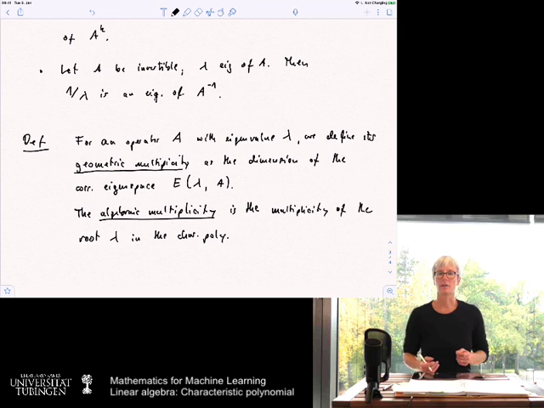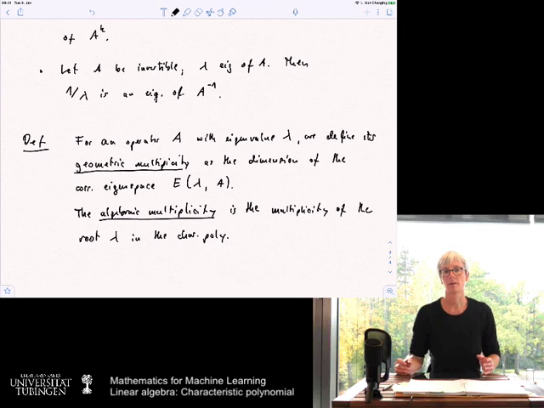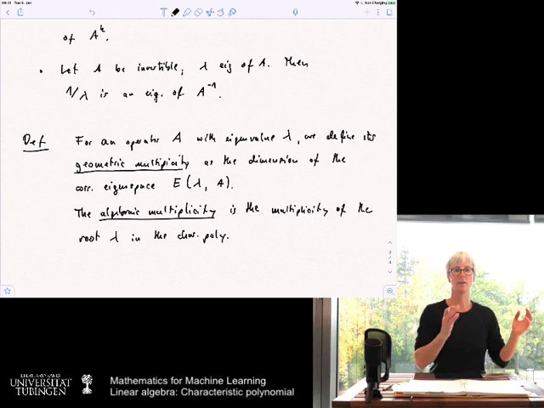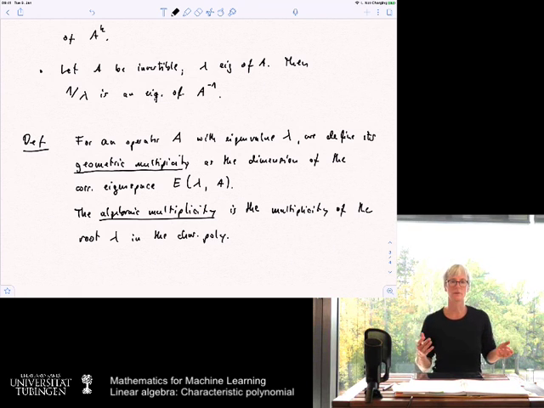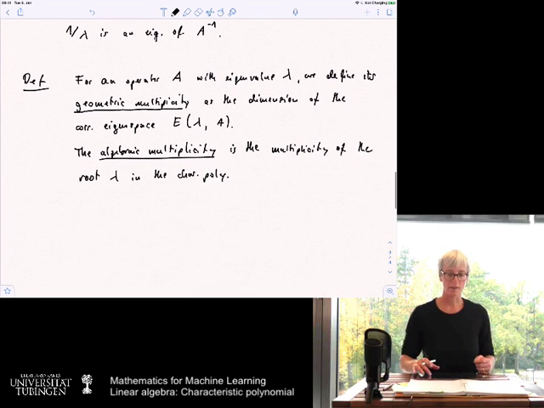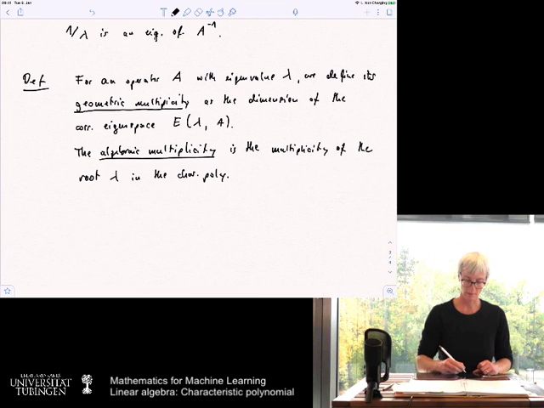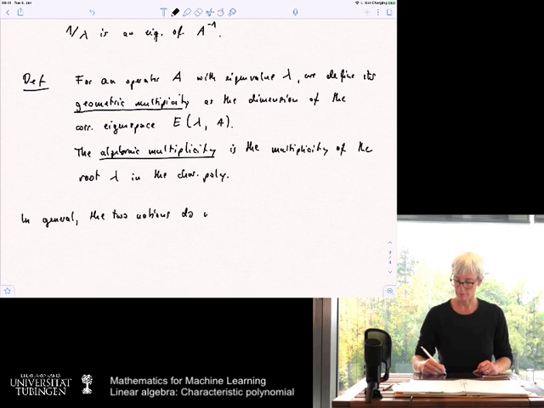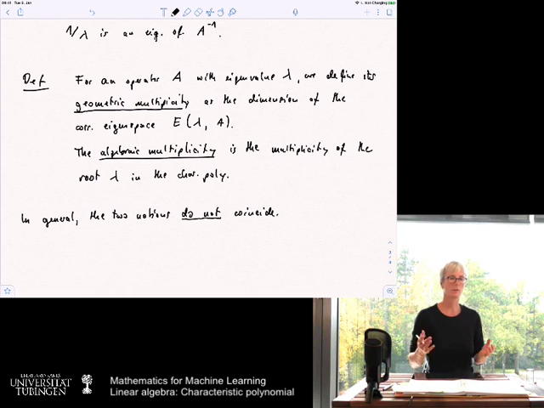Now these are two different definitions. Once I look at the geometric multiplicity, which is the dimension of the eigenspace. For the other, I look at the exponent, the multiplicity of the root in the characteristic polynomial. And in general, these two notions do not coincide. There are cases where they coincide, and we're going to see that later, but in general they do not.